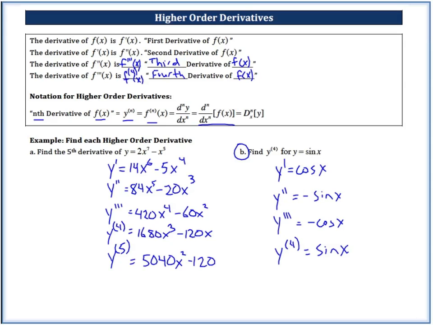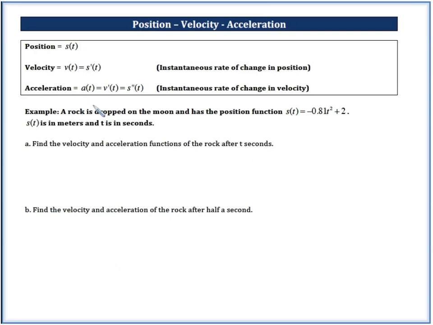So what do we need higher order derivatives for? Well, here's one application of higher order derivatives, and it's in dealing with position, velocity, and acceleration. So if our position function is s of t, our velocity function v of t is going to be s prime of t, and that's the instantaneous rate of change in position, and we talked about that last class.